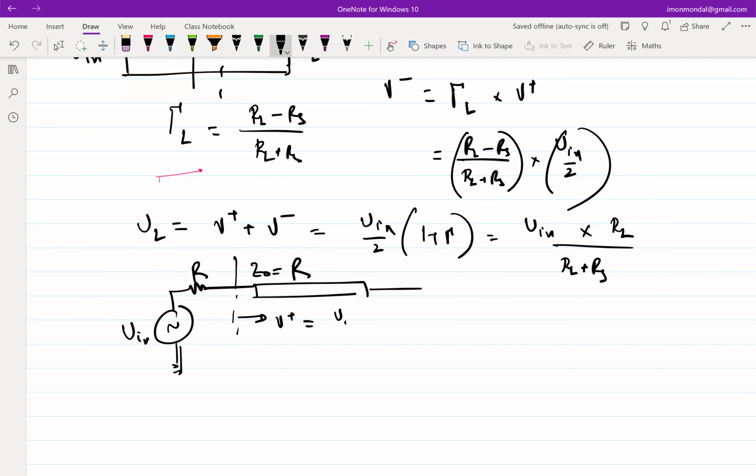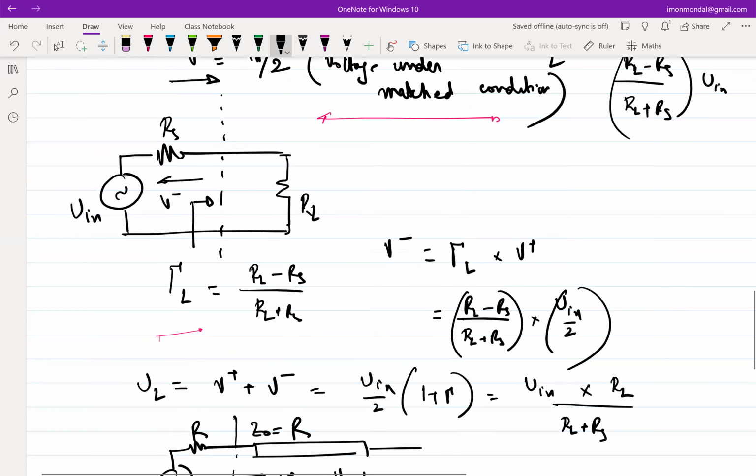V in by 2, right? Why? Because when the wavefront comes at this junction, it has no way to know what is connected at the other end of the transmission line. It essentially sees a matched termination, the forward going wave. But after a round trip delay, there will be a reflected waveform, right? But when the wavefront is going in, it has no clue what it is going into, right?